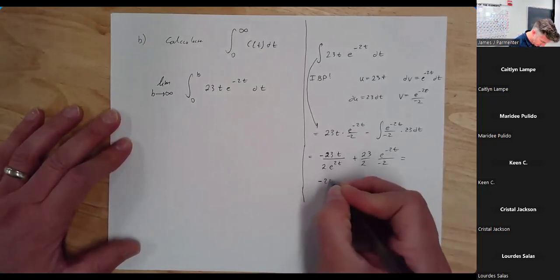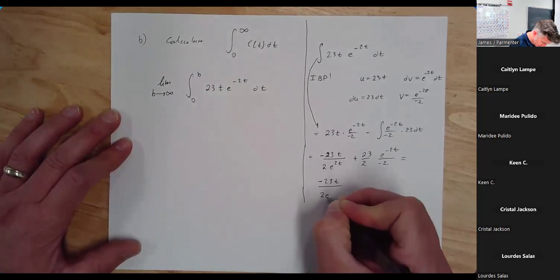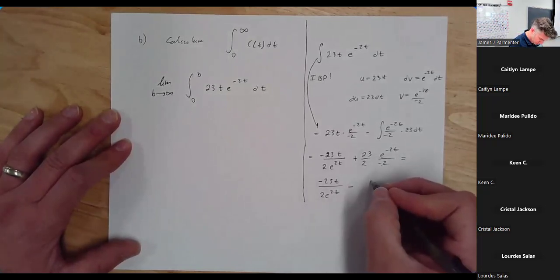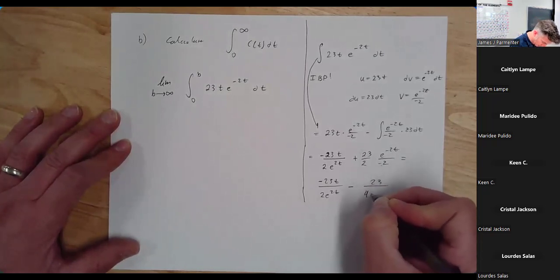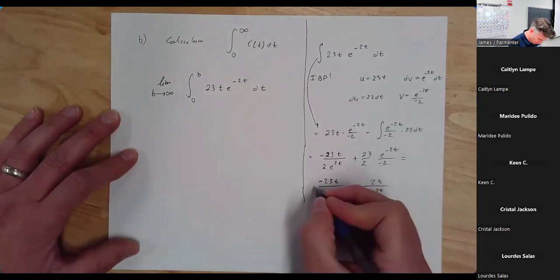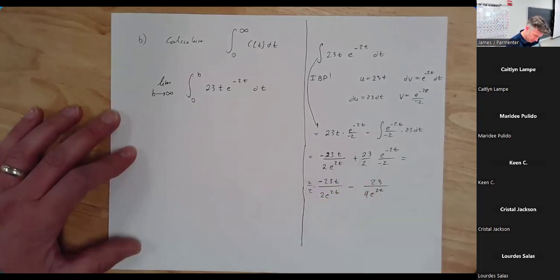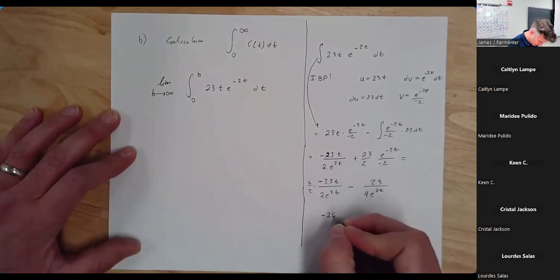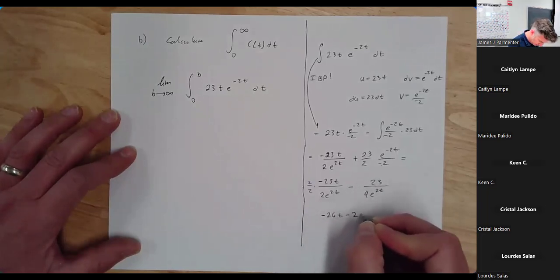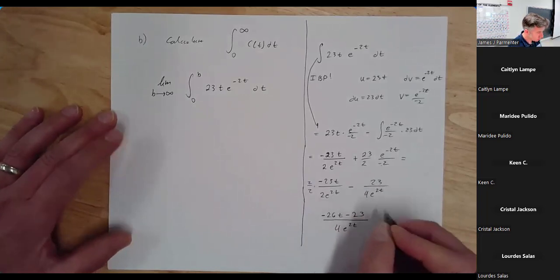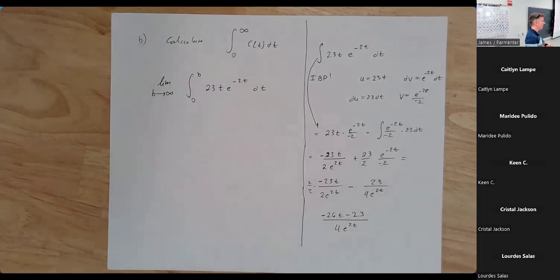So I'm going to do negative 23t over 2 e to the 2t minus, because there's a minus sign there, 23 over 4 e to the 2t. And then I guess I'm going to multiply this first one by 2 over 2 and get negative 26t minus 23 all over 4e to the 2t. Normally, I would not care about this. I would just leave it as two pieces added together, subtract it, whatever.